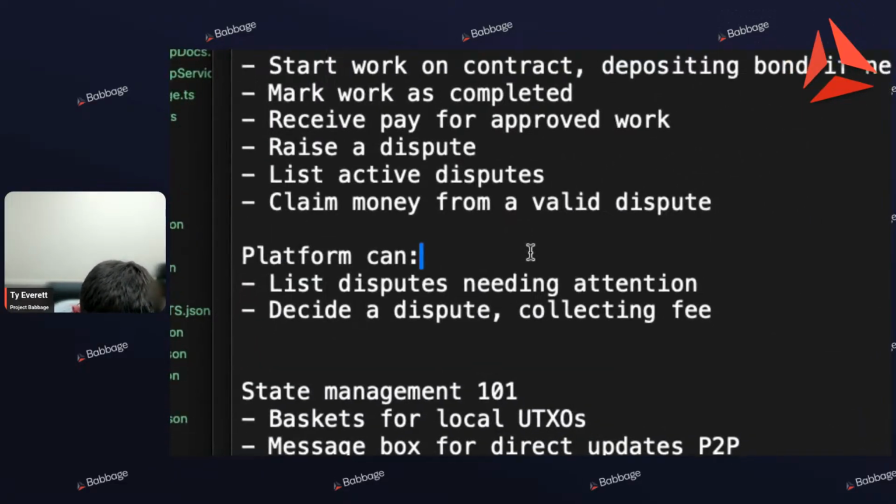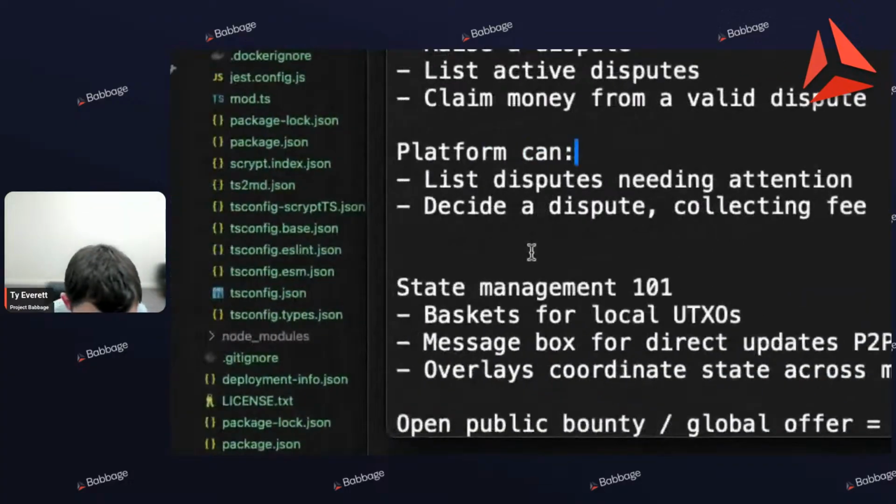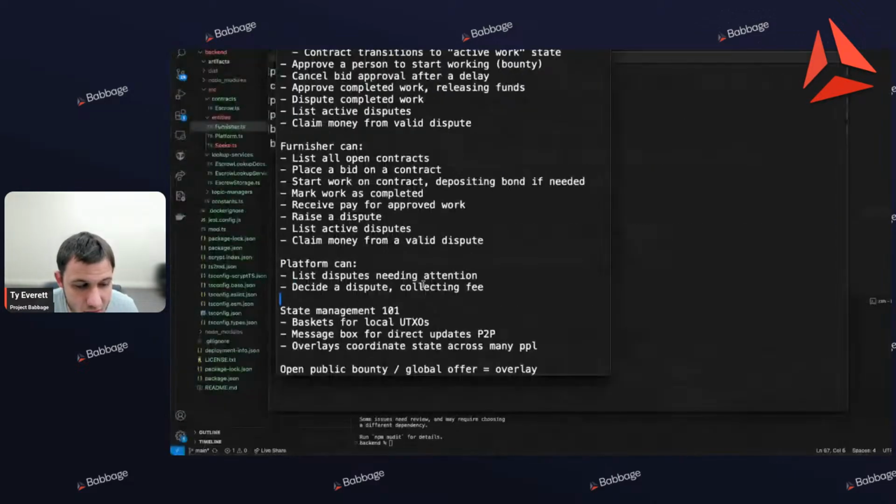Platforms can list disputes needing attention and adjudicate. And when they do, they claim a fee. The rest of the money goes to the winning party.